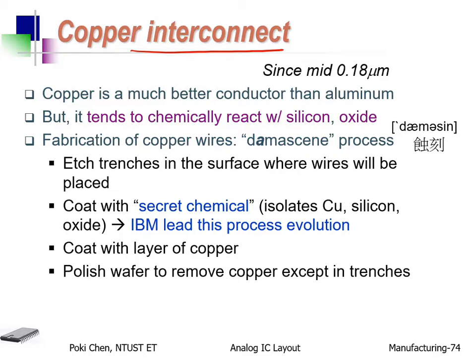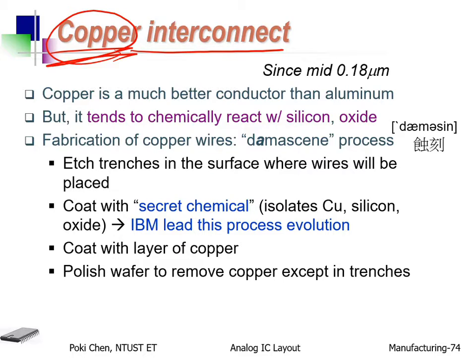But according to conduction, copper is much better than aluminum. Why? Humankind used aluminum in the past for metal knives. We didn't know how to fabricate copper along with silicon.